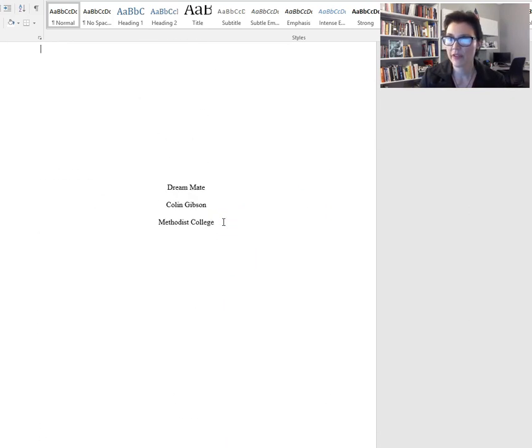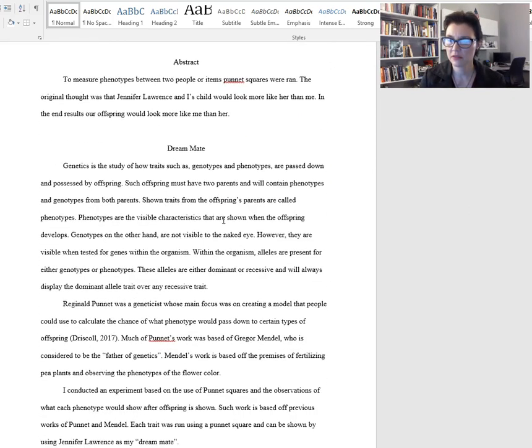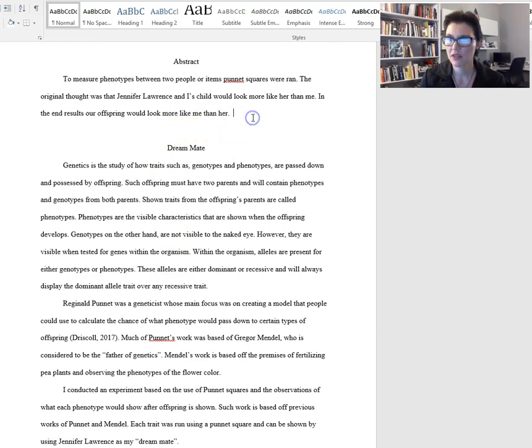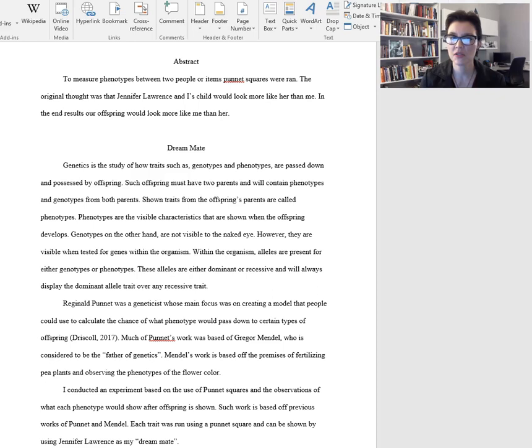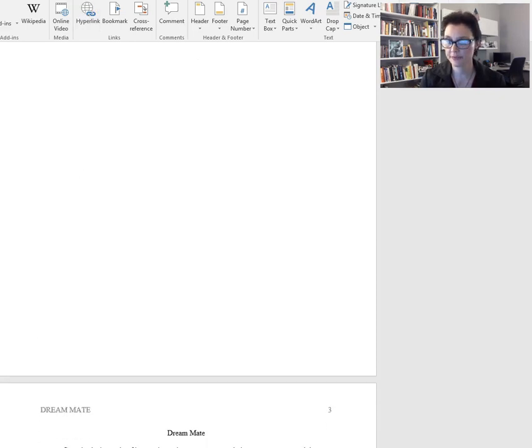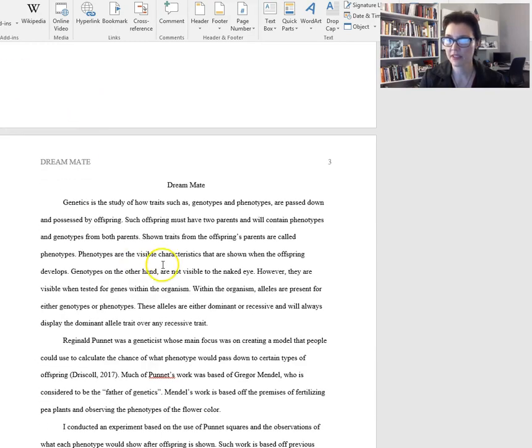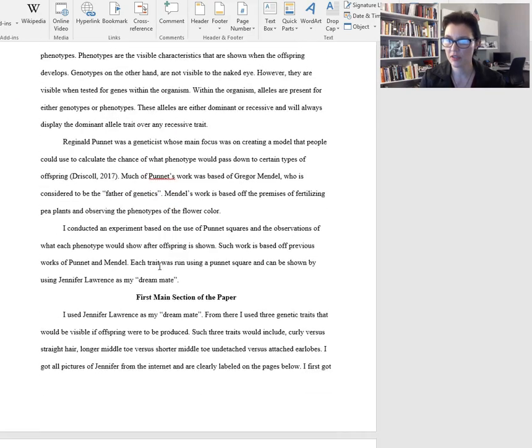So as you're going through here, go to Insert, so go up to the top, if you can see it, and Insert Page Break. So it begins at the top of its own page.